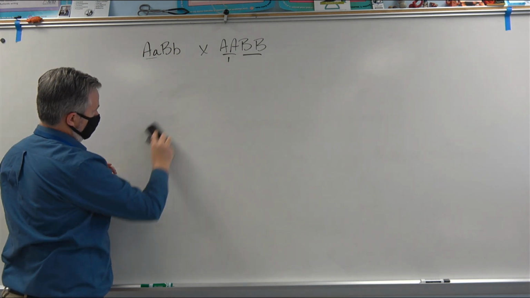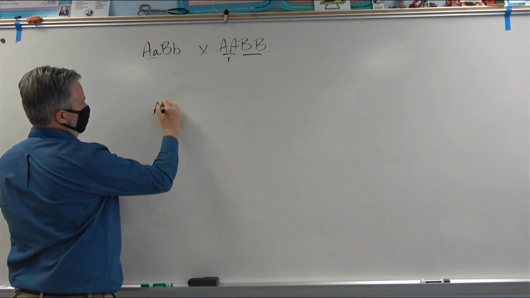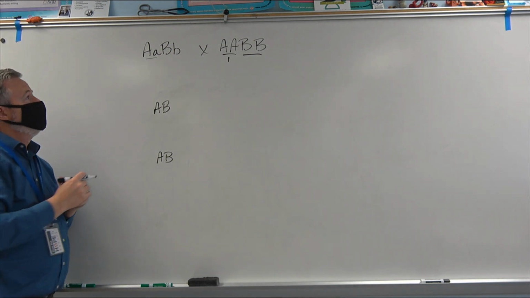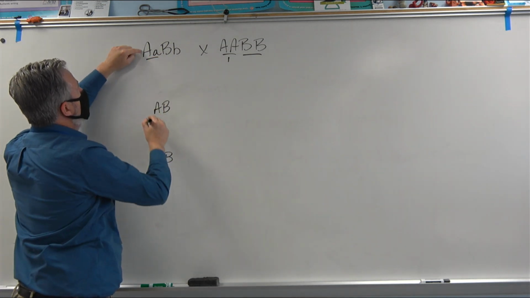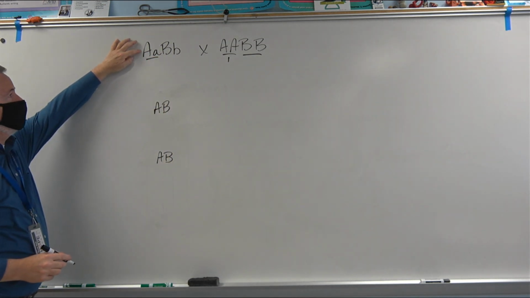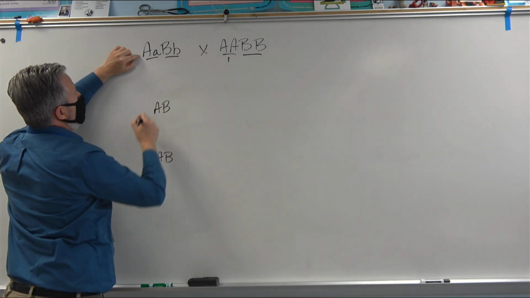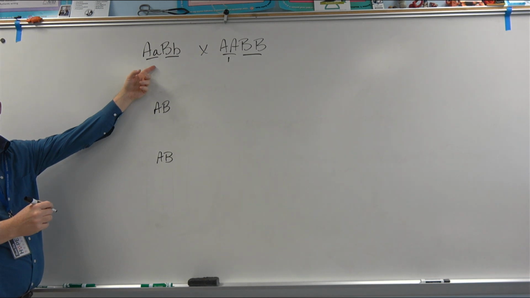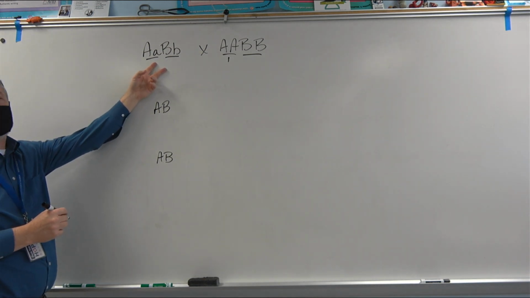Actually, you know what? I'm going to skip a step here because I think you guys can handle it. So far, so good? This person here, what are the possible gametes it can make between the big A and big B gene? The A and the B gene. What are the possible gametes it can make?